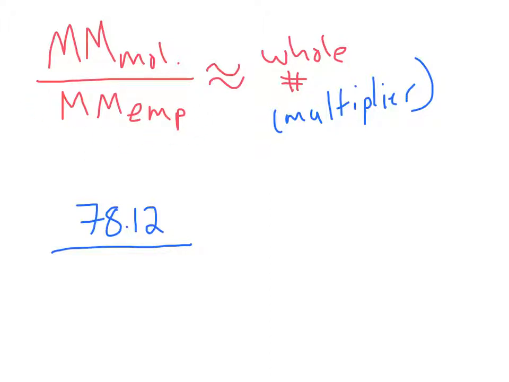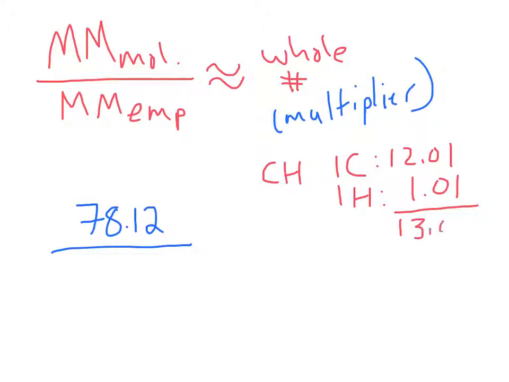That's just one carbon added to one hydrogen. So one carbon is 12.01, one hydrogen is 1.01, which gives us 13.02 for the molar mass of the empirical formula. So let's go ahead and plug that in, 13.02.